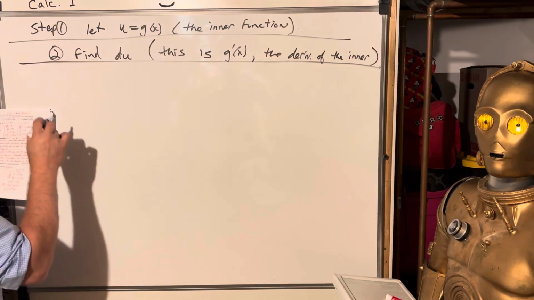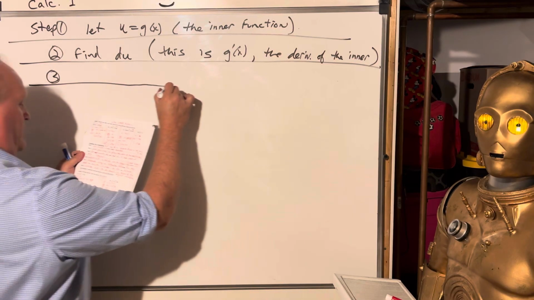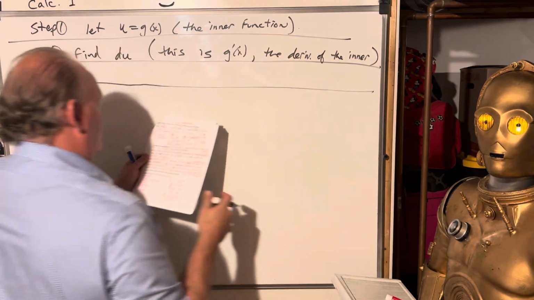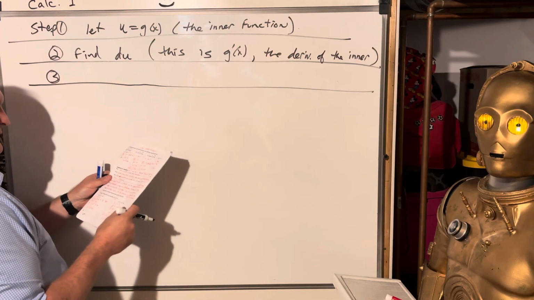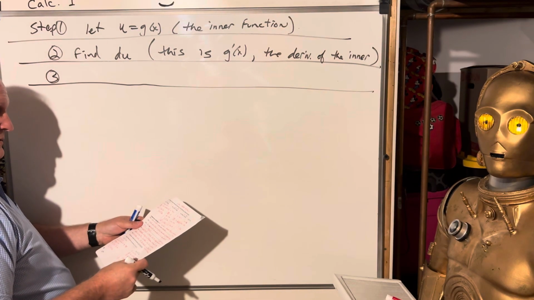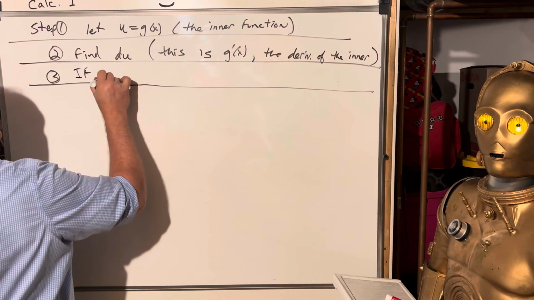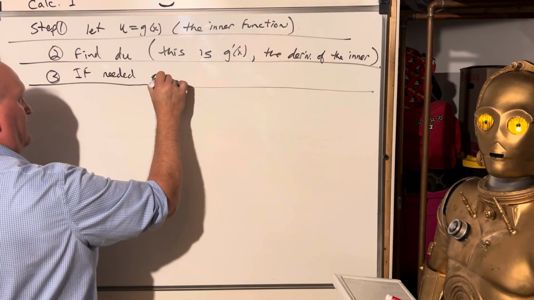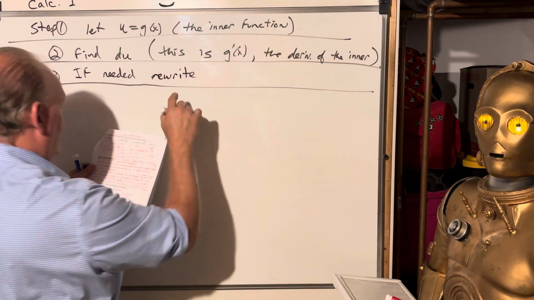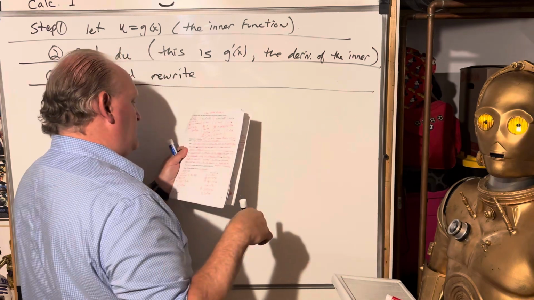All right. Step 3. If needed, rewrite the integral. That's not always necessary. So step 3, sometimes we'll have a little circle with a line through it.